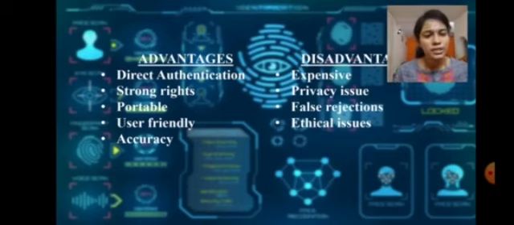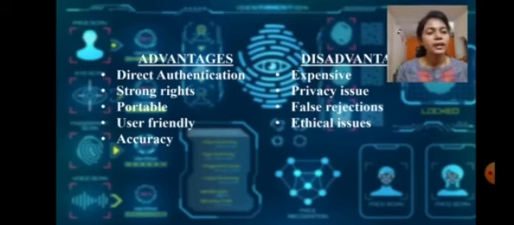But when it comes to disadvantages, it is quite expensive because of the components incorporated into it, and there are a few privacy issues and ethical issues, like misuse of the user's identity or sharing the user identity and stuff like that. And there are times where the original individual user might have met with an accident, or might have lost some organ, or lost that particular distinctive feature of the scan technology.